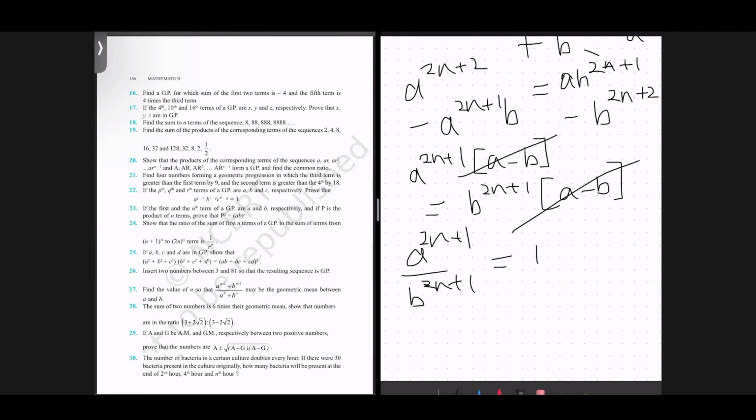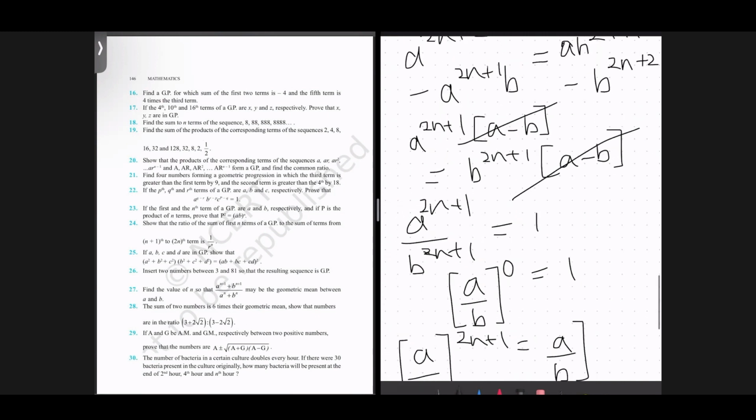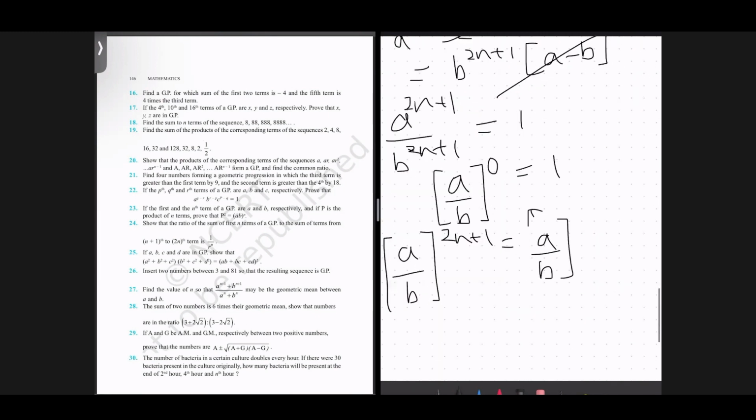I've done nothing but taken b raised to the power 2n plus 1 into the denominator on the LHS. And when it equates to 1, we can say that (a/b) raised to the power 0 equals 1, right? So, can we say that (a/b) raised to the power 2n plus 1 equals (a/b) raised to the power 0, which equals 1, because anything raised to the power 0 is going to be 1?